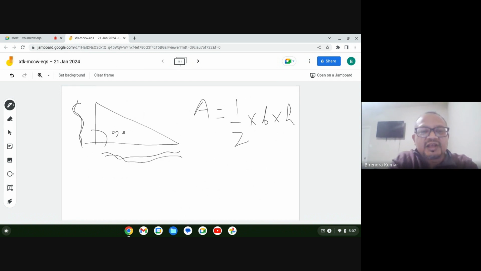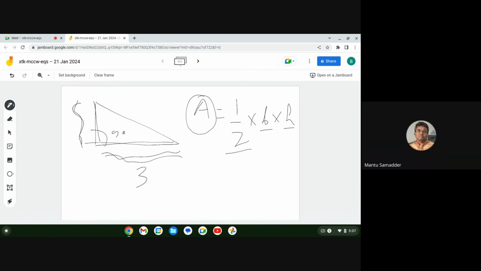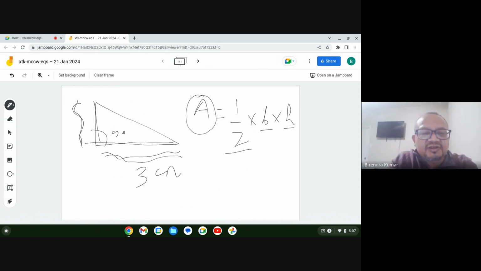The area of a right angle triangle is half of the multiplication of the sides making that 90 degree angle, meaning this side into this side. If this is 3 centimeter and this is 4 centimeter, whether you're doing 4 times 3 or 3 times 4, the answer is the same. So you only have to look at these two sides' lengths and multiply them. Whether you call them base or height is up to you.